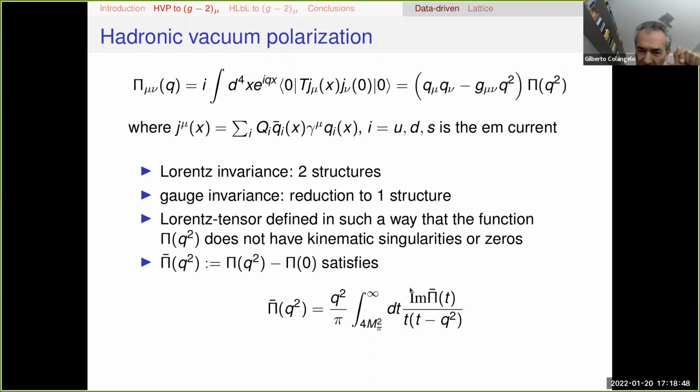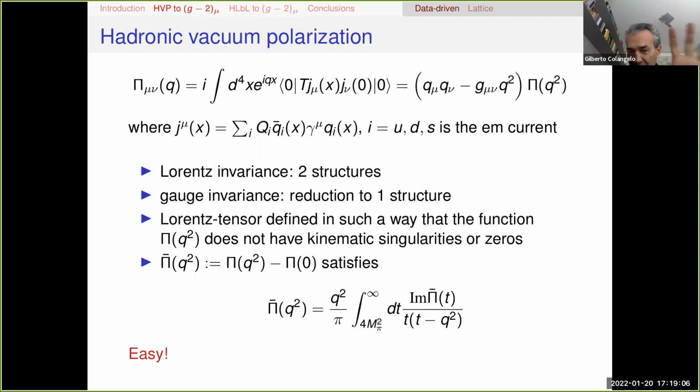The dispersion relation is written here. All you need to know for this function is its discontinuity, its imaginary part on the real axis from 4 m_pi squared up to infinity. Once you have this, you can reconstruct the whole function via this dispersive integral.